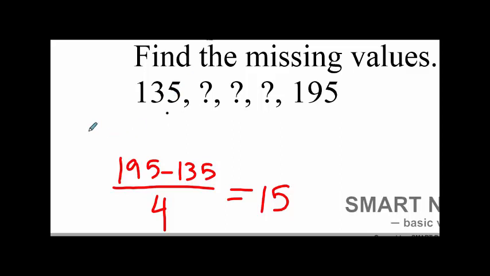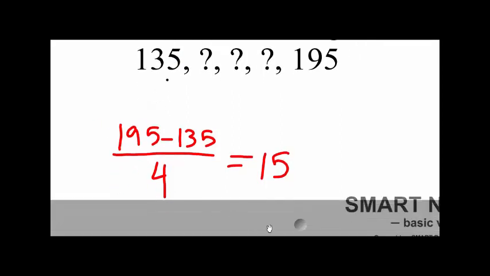Alright, so I did this one a little differently because I know that we're adding or subtracting by the same number every time. So what I did was I just kind of found the average of them. Notice if this is our first term, this would be our second, third, fourth, and fifth.